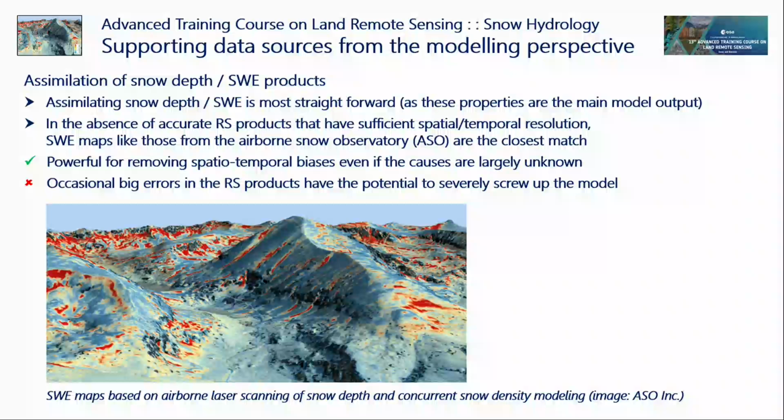But then comes assimilation of snow depth and snow water equivalent products. The cool thing here is they're typically pretty much on top of what the model is supposed to calculate, SWE or snow depth. So basically there's no gap between what you observe and what you're interested in. It's the same thing. So it's pretty straightforward from an assimilation point of view. If you have the information, okay, here's my model, and oh, here's an observation, then you pretty much have good information on what you're supposed to do.